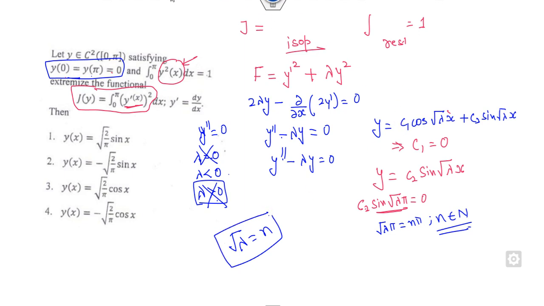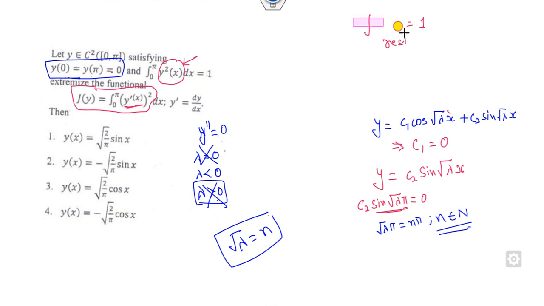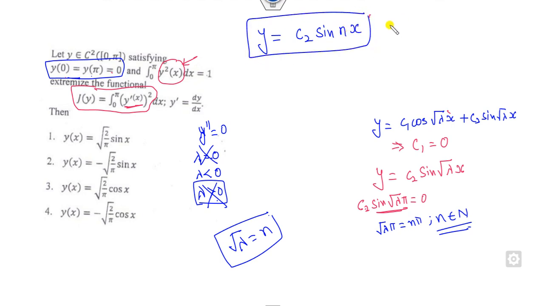So what is my solution? You can see from here, y will be c2 sine nx, where n is a natural number. Now it is in the form of sine, so these are cancelled out. Now how can you find the constant value? You can substitute the value here.